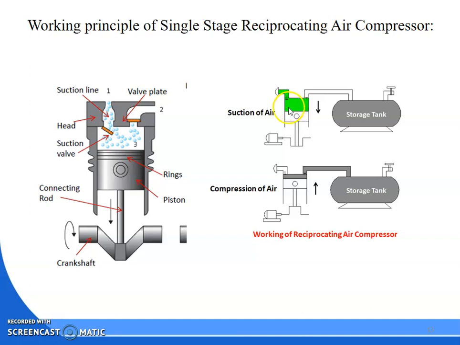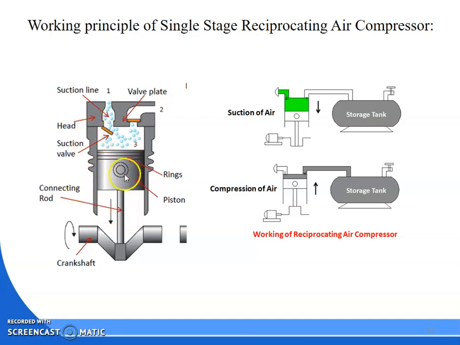Next we will discuss the working principle of a single stage reciprocating air compressor. See, this is the diagram. Here this is the suction line. The yellow one is your suction valve. This is your delivery valve or discharge valve. This is your head suction valve.